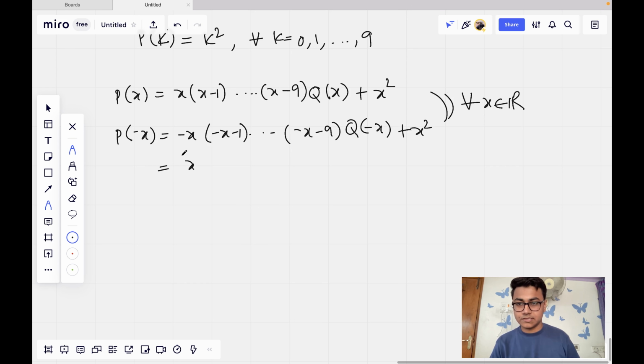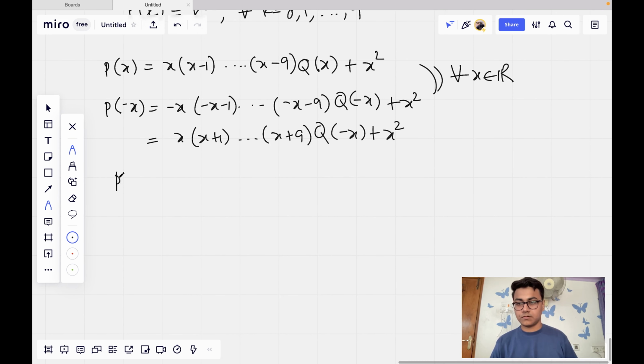We can simplify this polynomial once, it will be easier. Since there are 10 terms here, there are 10 minus signs, it all cancels out. So we have P of x equal to P of minus x for all real numbers x.